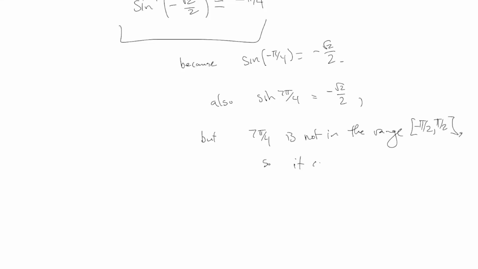So it cannot be the value of arc sine of anything, right? We are dealing with only a small piece of the inverse because the whole overall inverse doesn't exist. Excellent. Thank you for that question.